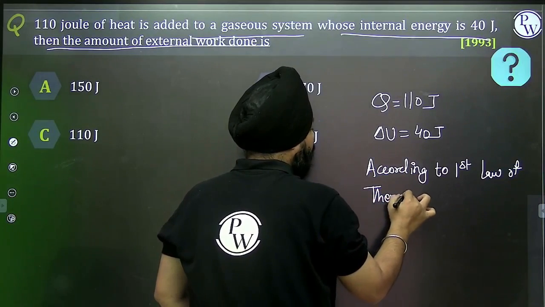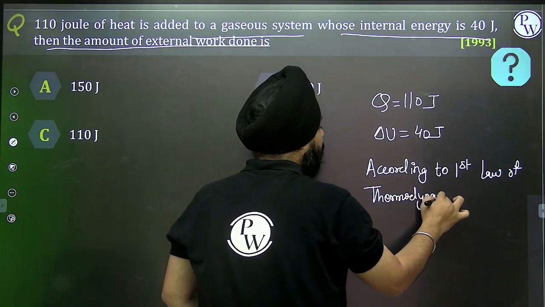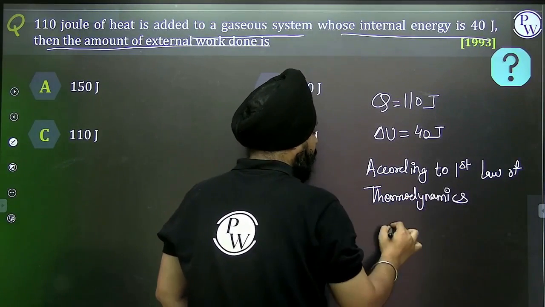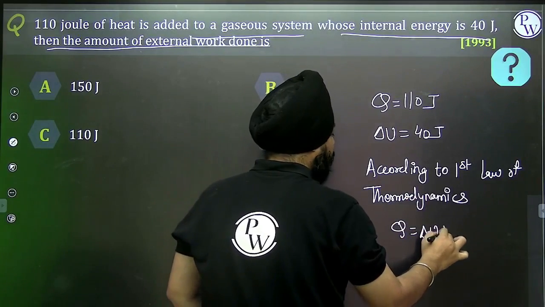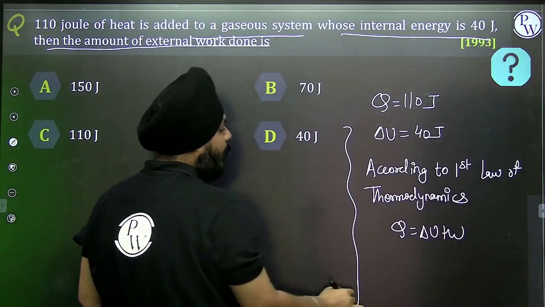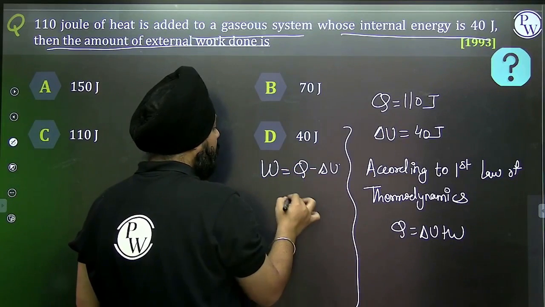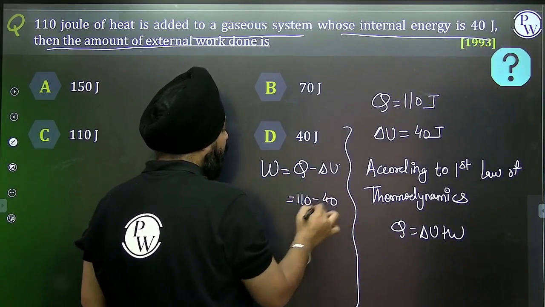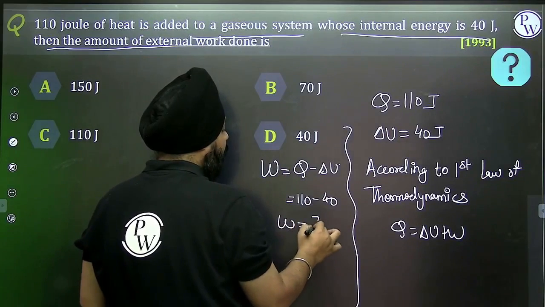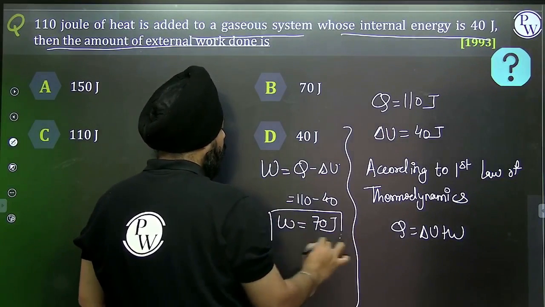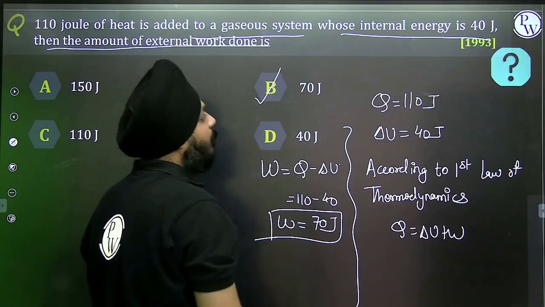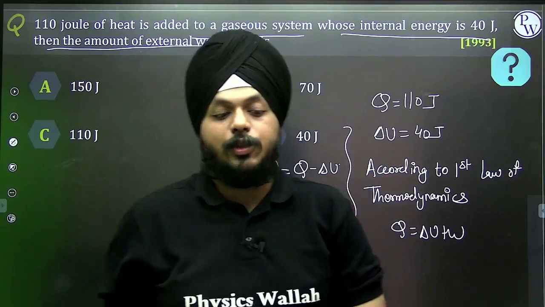We have Q is equal to delta U plus W. The work done is Q minus delta U, that is 110 minus 40. So work done is equal to 70 joule. This is the external work done by the system. B is the perfect answer for this specific question.